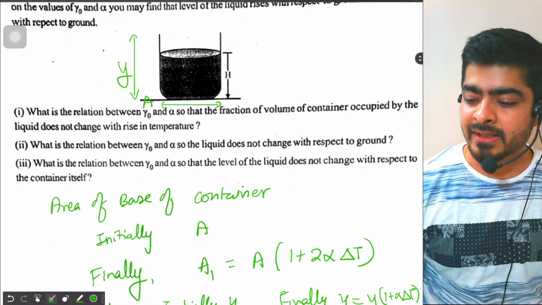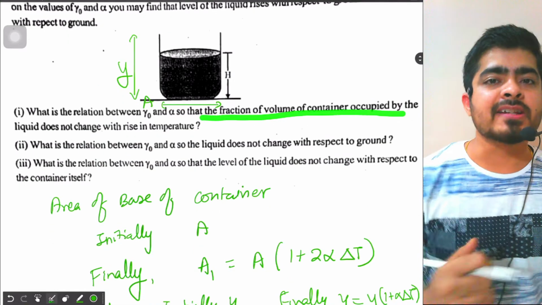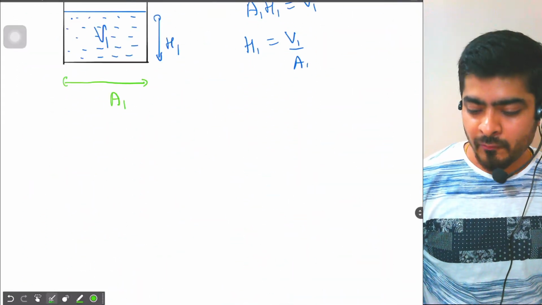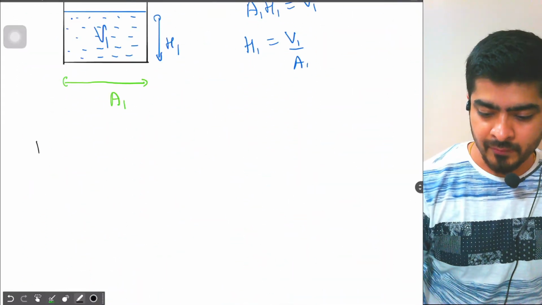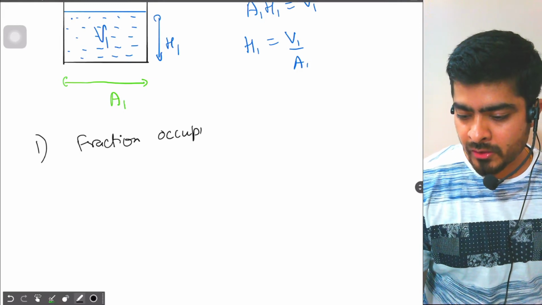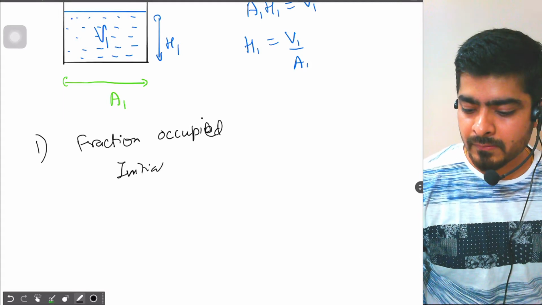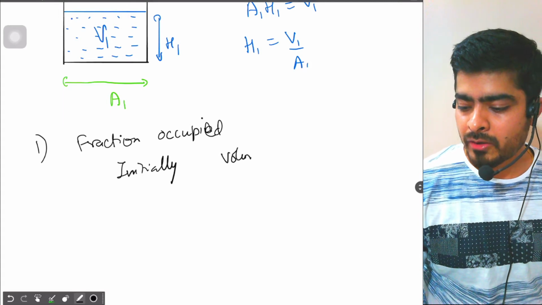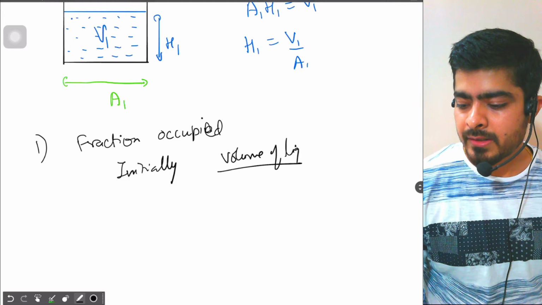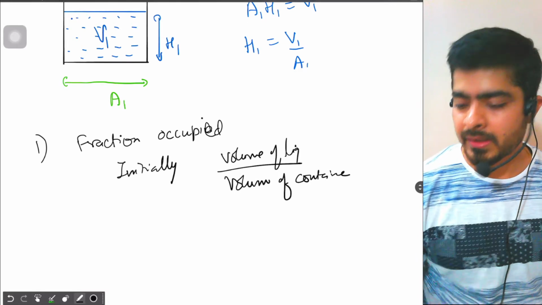So the question is saying that fraction of volume of container occupied does not change. So fraction occupied initially will be how much? Volume of liquid divided by volume of container.